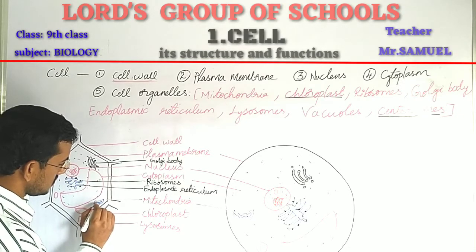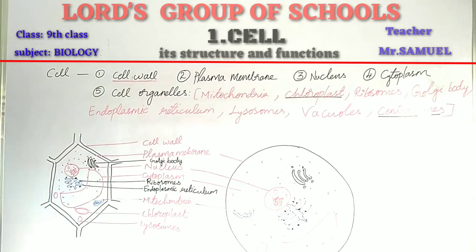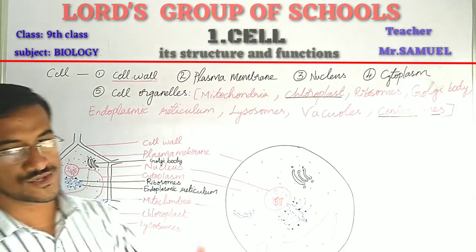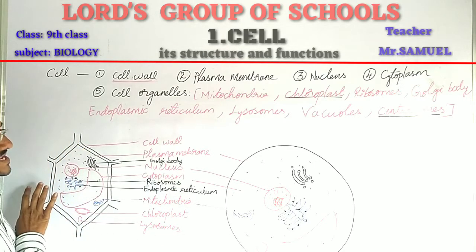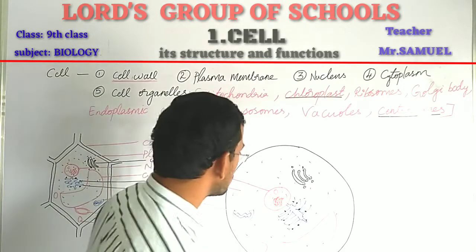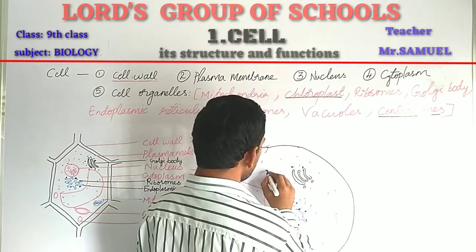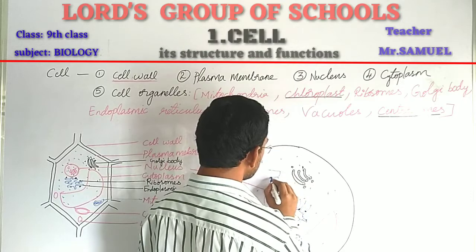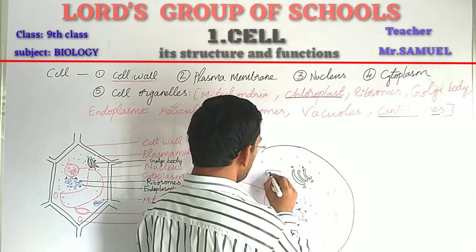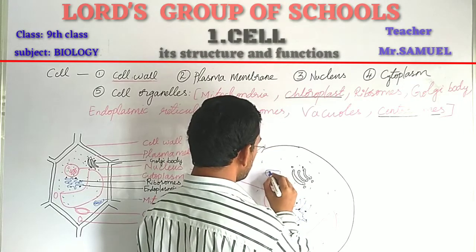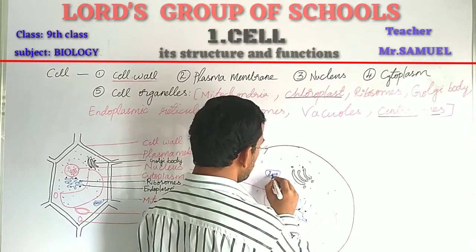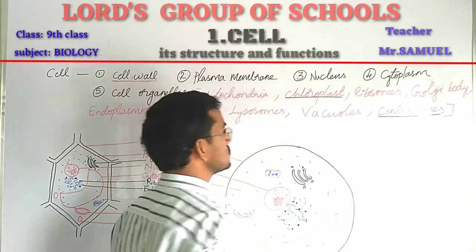So this is mitochondria. Let us draw centrosome. Centrosome is absent in plant cell, but centrosomes are present in case of animal cell. So this is the structure, and you have a tube here. So this is centrosome.